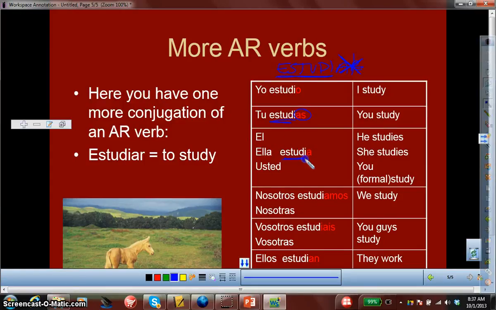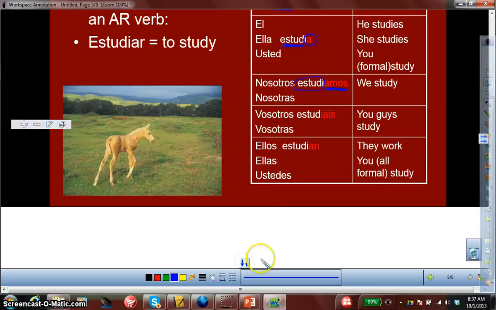Again, the root stays the same and the ending is A. Okay, for nosotros and nosotras, the ending instead of AR is AMOS, but the root stays the same. For vosotros and vosotras, the root stays the same, but the ending is going to be AIS.